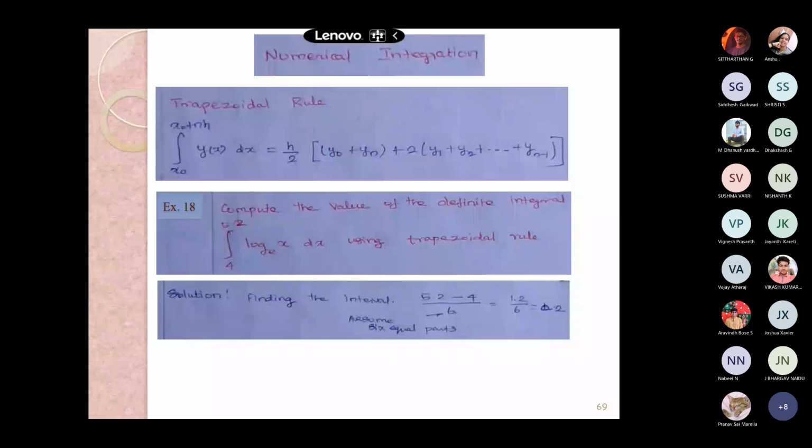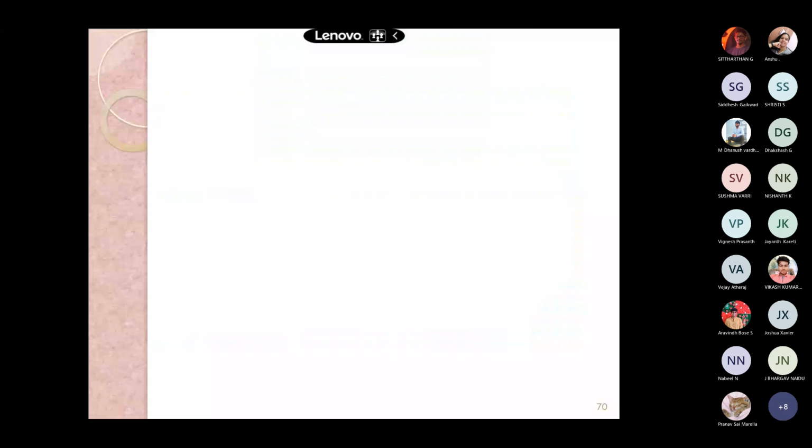And this is what we need: derive the table from 4 to 5.2. See, 4.2, 4.4 and 4.6, it continues till 5.2, with the respective y values.